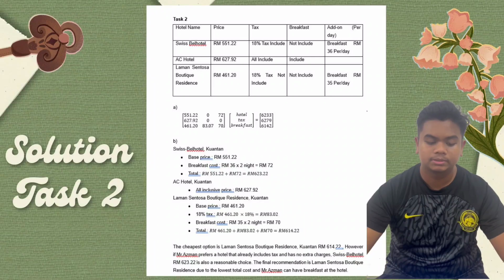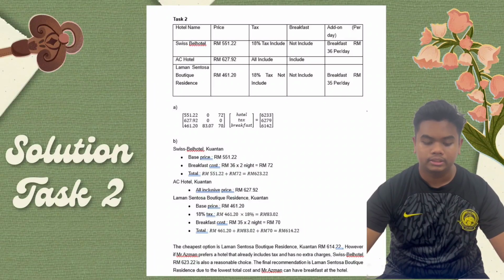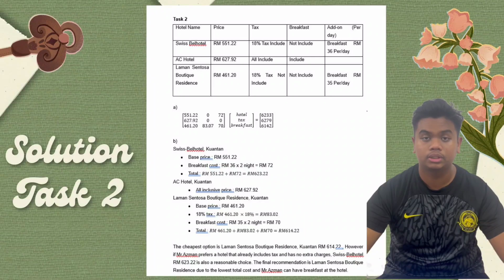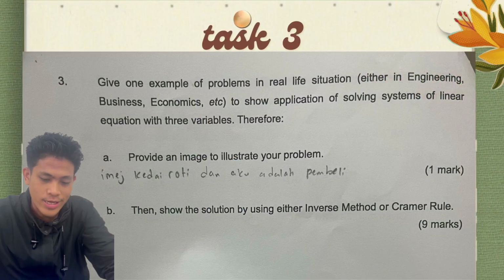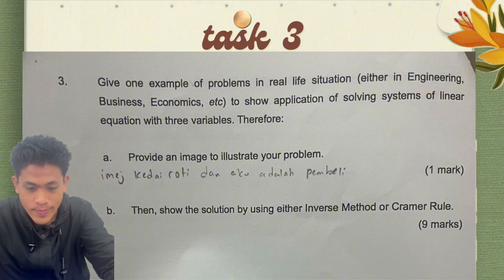However, if Mr. Azman prefers a hotel that already includes tax and has no extra charge, Swiss Bell Hotel, at 623.22 ringgit, is also a reasonable choice. However, the final recommendation is Laman Sentosa Boutique Resident due to the lowest total cost, and Mr. Azman can have breakfast at the hotel for the 2 days. Thank you.